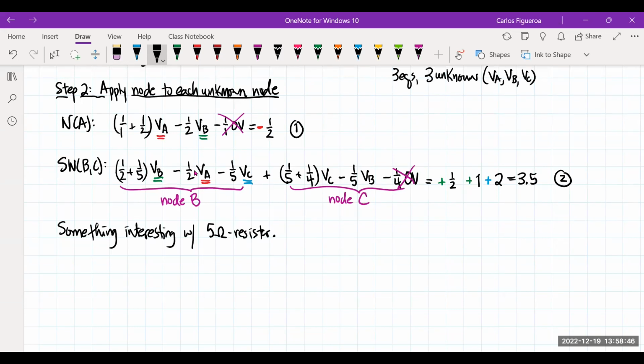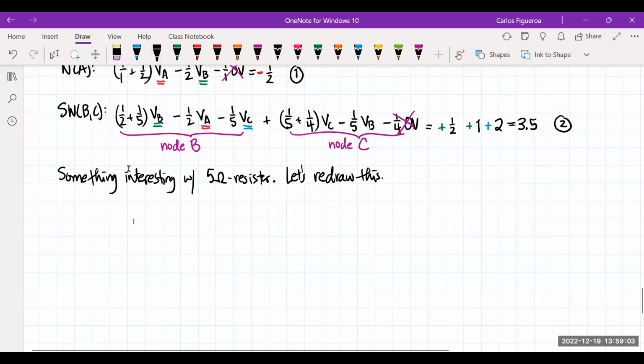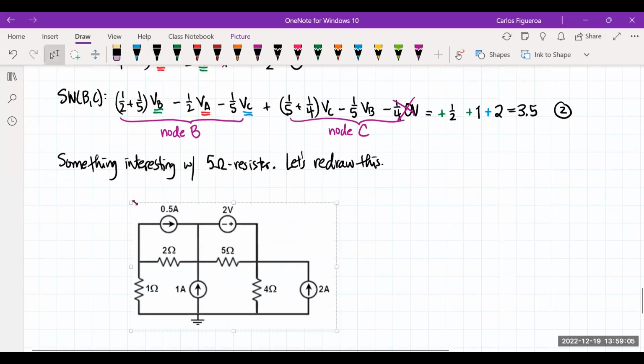And what you're seeing here is that, let's redraw it and focus on this. So if I redraw this, here's my circuit right here.